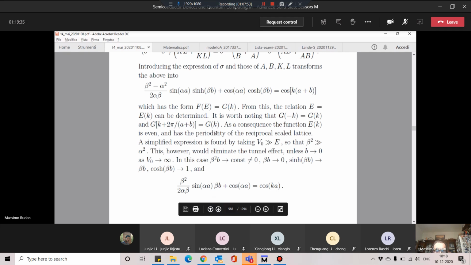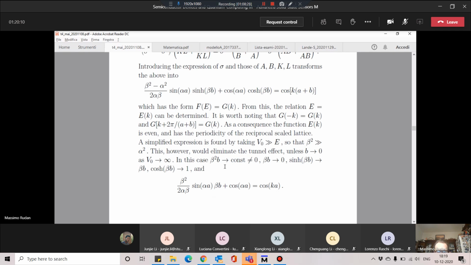Then, since B is going to 0 in such a way that the product B times V0 is a constant, you notice that when V0 becomes very large, beta becomes proportional to the square root of V0. So V0 is proportional to the square of beta.